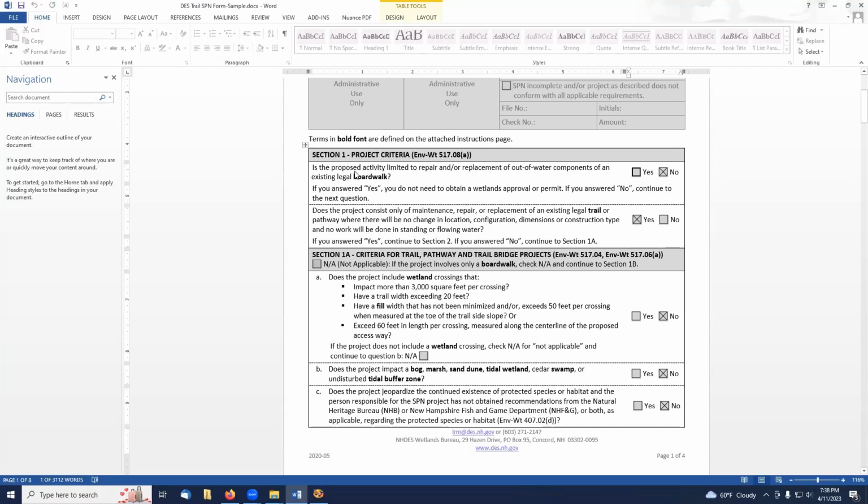So section 1, is the proposed activity limited to repair or replacement of out of water components of a boardwalk? Obviously, we're not doing anything with a boardwalk.